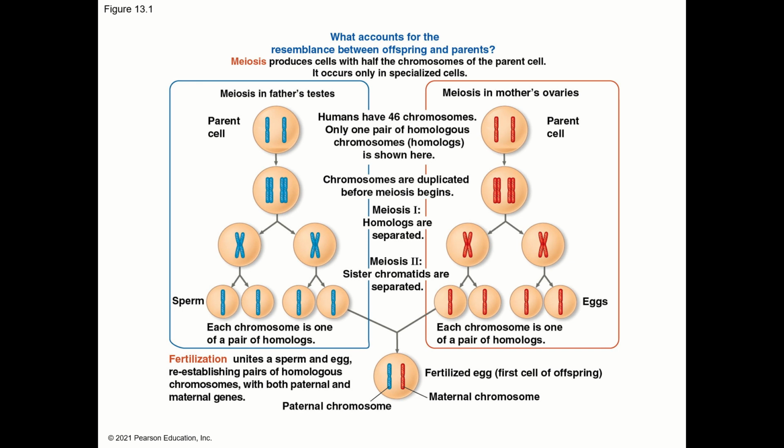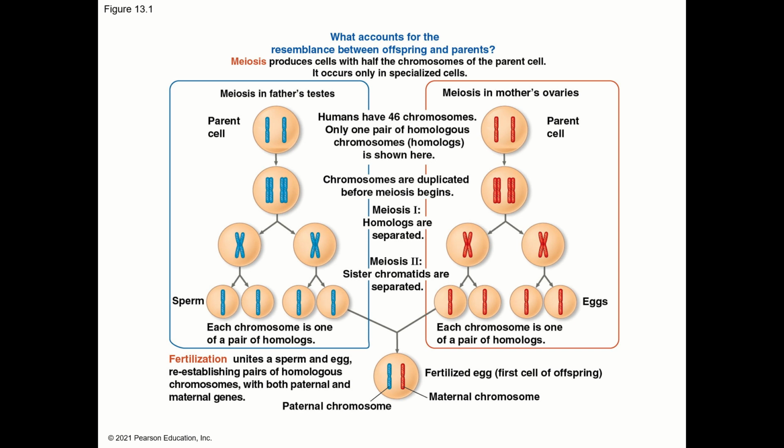Each chromosome is one of a pair of homologs, whereas in the mother, those 4 cells would become egg cells, though oftentimes one of those cells might inherit more of the material for the cytoplasm, while the other 3 might not be functional.